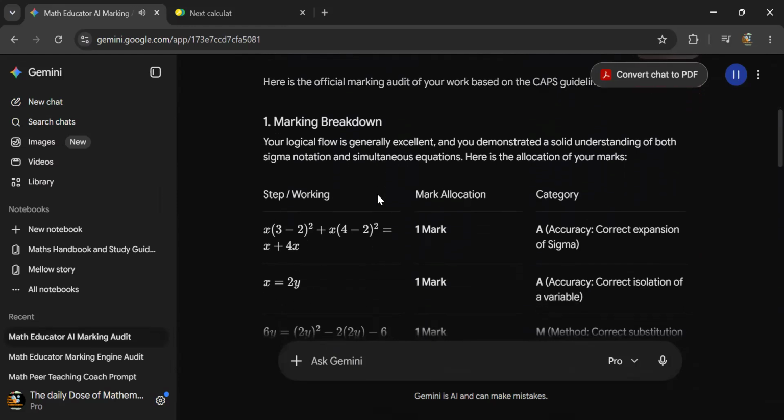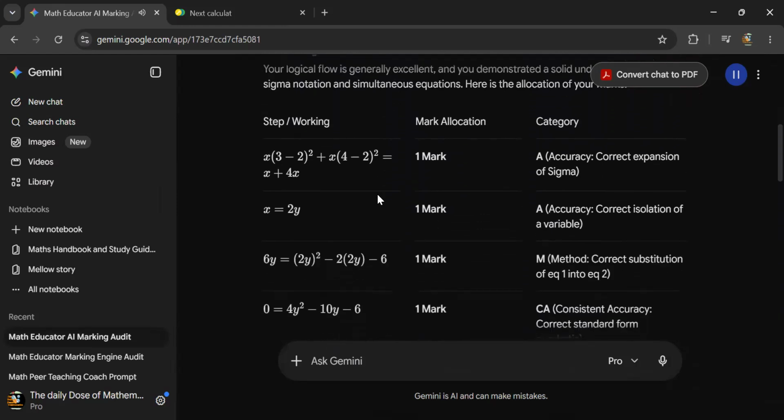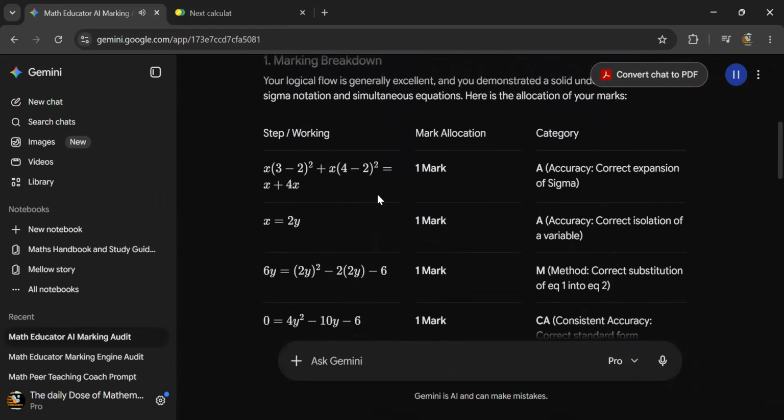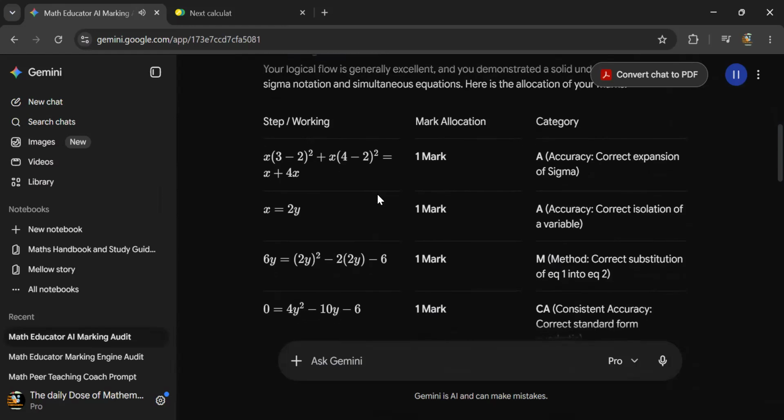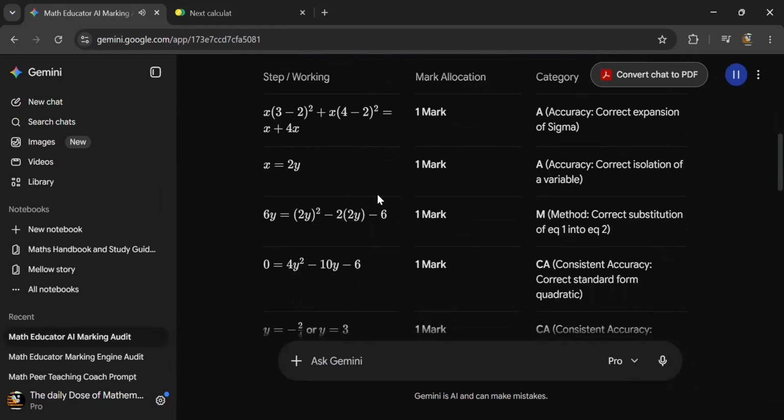Okay. Here is the official marking audit of your work based on the CAPS guidelines for mathematics. 1. Marking breakdown. Your logical flow is generally excellent, and you demonstrated a solid understanding of both sigma notation and simultaneous equations. Here is the allocation of your marks. Correct expansion of sigma, 1 mark, accuracy. Correct isolation of a variable, x equals 2y, 1 mark, accuracy.